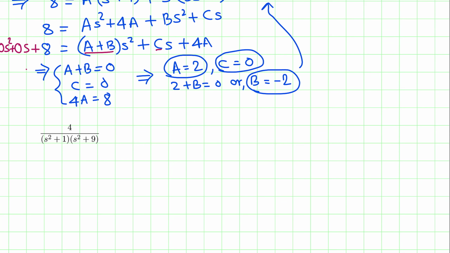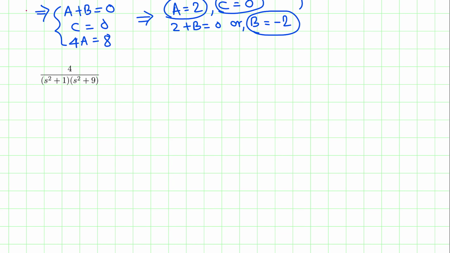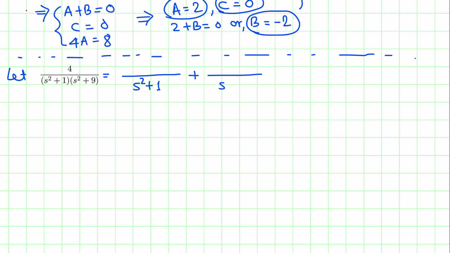Now the next problem is here. We got two quadratic factors on the bottom, and this does not factor. It's degree 2, so by rule we have to write degree 1 on the top, which is as plus b, and same thing here.